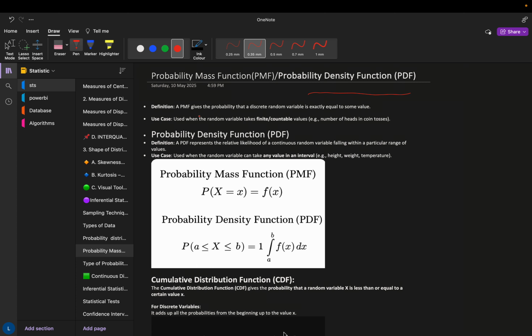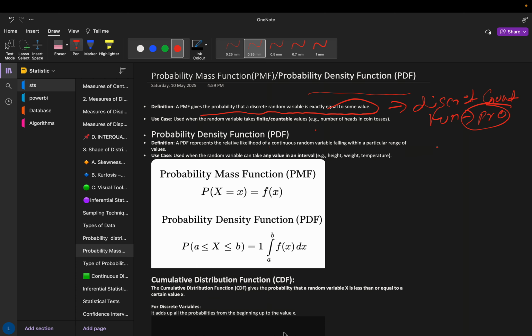Alright, speaking about probability mass function, it gives the probability that a discrete random variable is exactly equal to some value. It means that when we have a discrete type of data, which is countable, in such a situation we use a function to find probability.